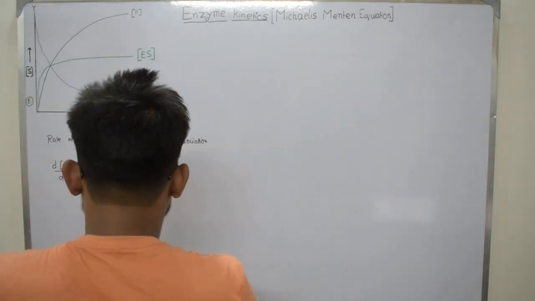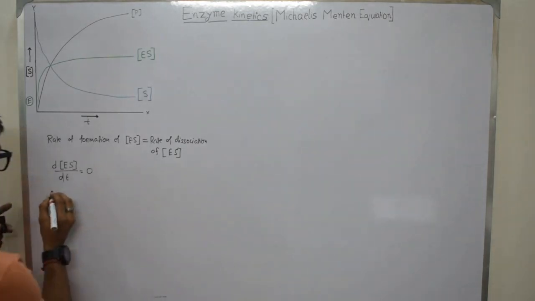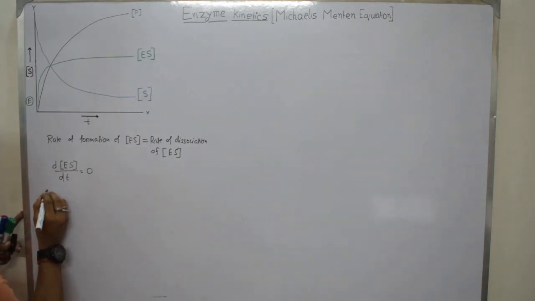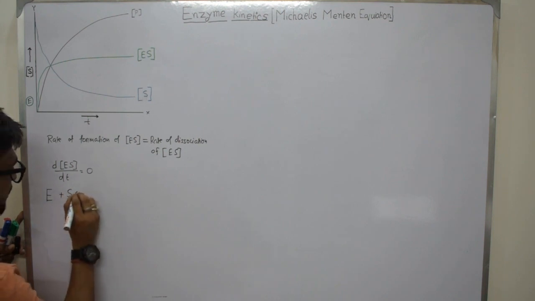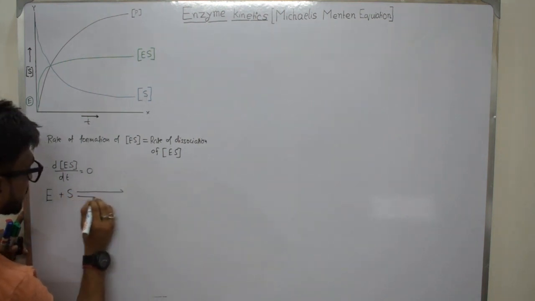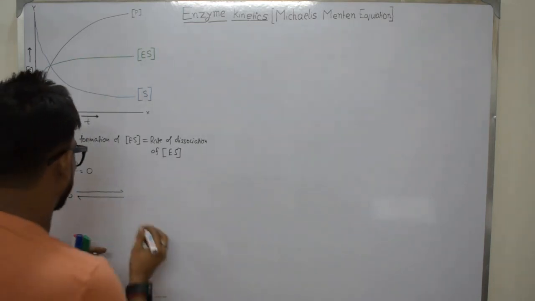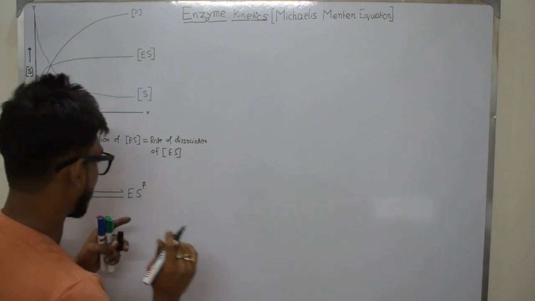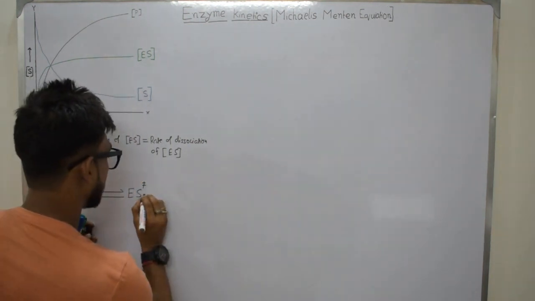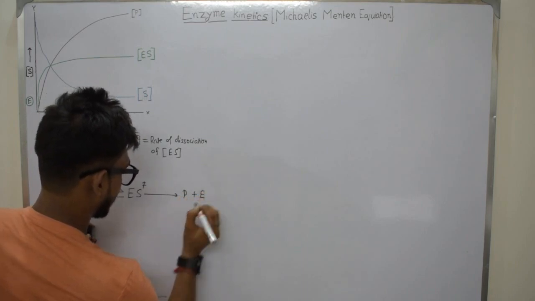With this we can write this enzyme catalysis reaction like this. This is the enzyme and substrate, with the forward and backward reaction. It makes the enzyme substrate complex, which then produces the product and releases the enzyme.